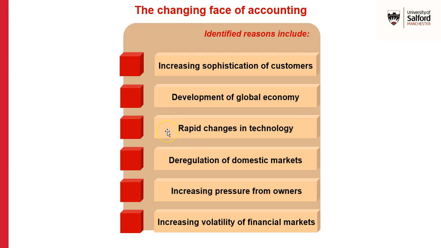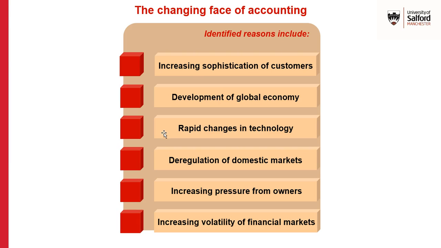The rapid changes in technology, we've seen the revolution of IT, information technology, computers, and that is causing large structural changes in society. Do we need bookshops anymore? Do we need shops anymore with Amazon?